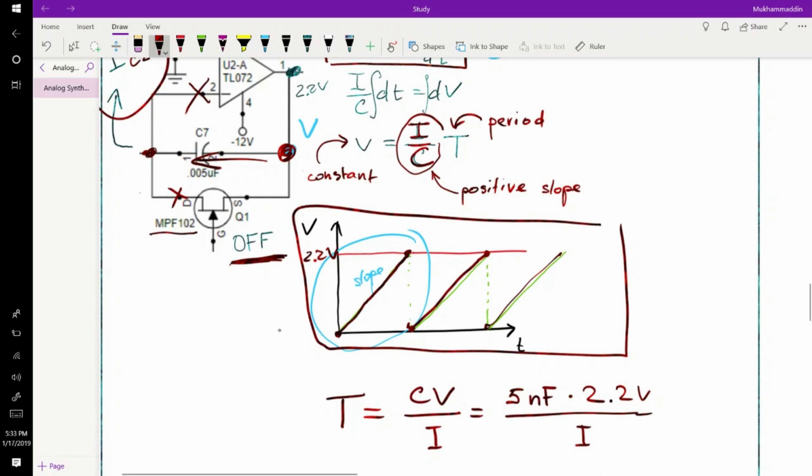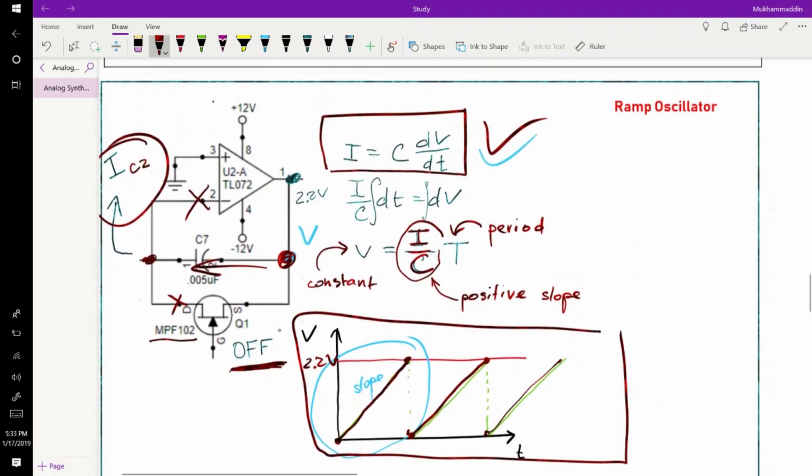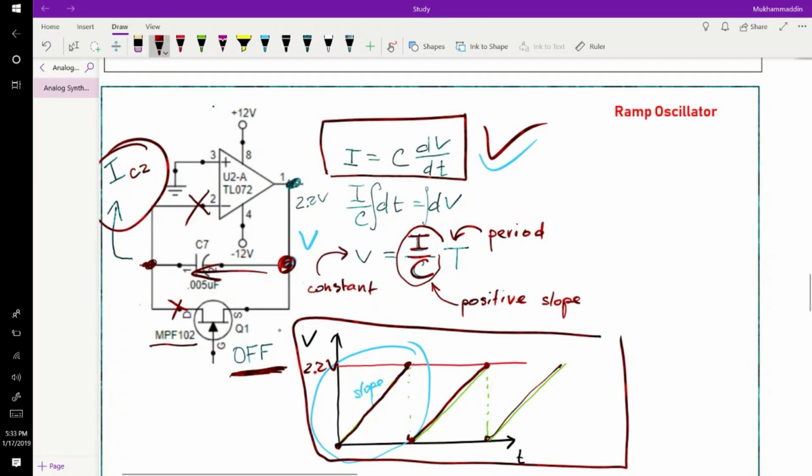Now, if we know this reset voltage, we can state the following. The integral of dV: we know that V is just a constant, 2.2 volts. So we have a constant dV equal to I and C, which are constants as well.